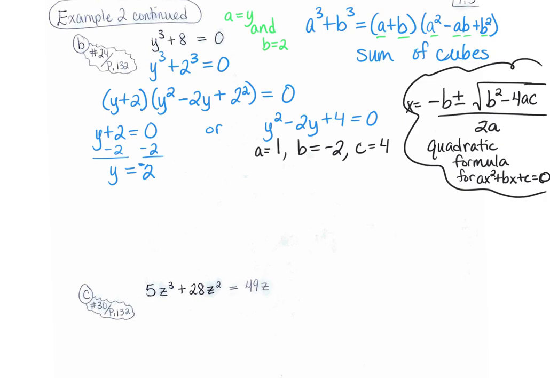So our variable is y, so we get y equals negative b, so that's negative times negative 2, which will give us a positive 2, plus or minus the square root of what? B squared, which is the quantity negative 2 squared. That negative 2 is in parentheses.